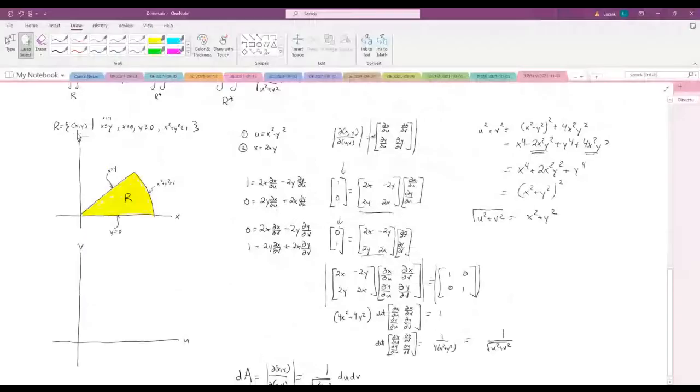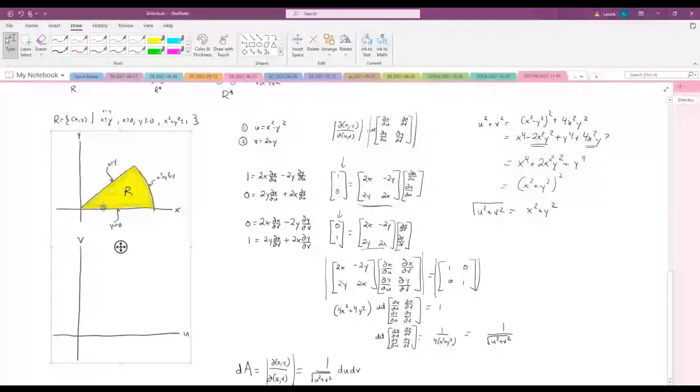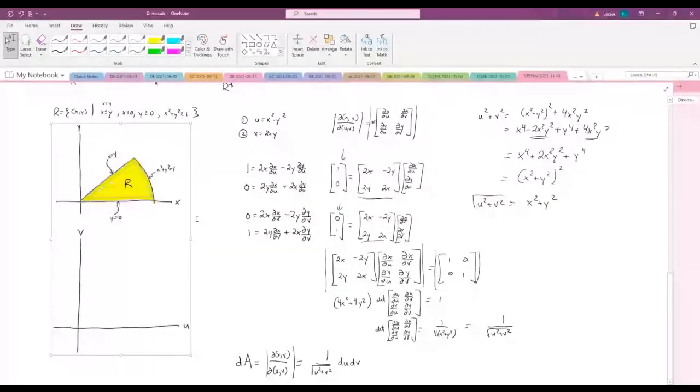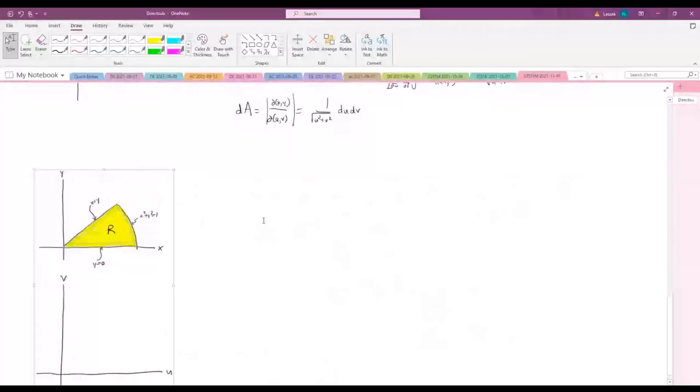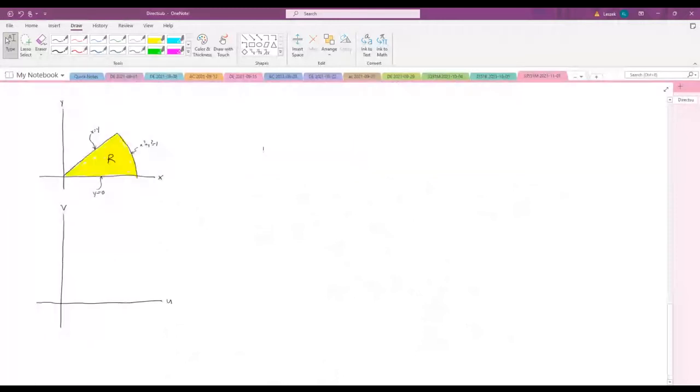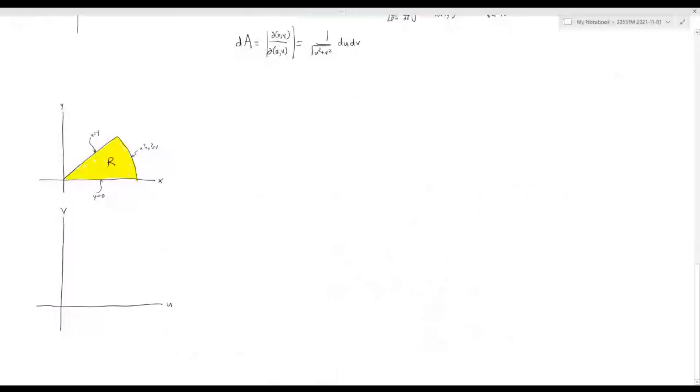Focus on this. So let's just focus on this new region of integration.